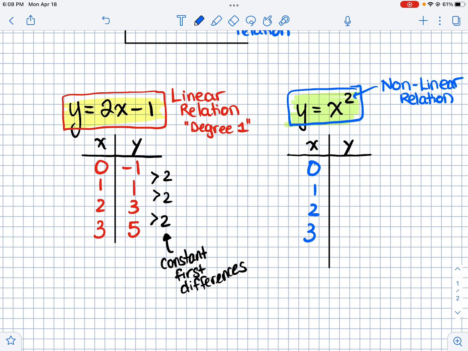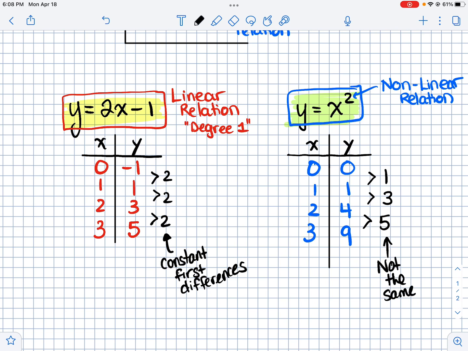If x is 0, y would also be 0. If x is 1, 1 squared would be 1. If x is 2, 2 squared would be 4. If x is 3, 3 squared would be 9. So if I check what these are going up by: 1, going up by 3, from 4 to 9 it goes up by 5. So these are not constant. These first differences are not the same, making it a nonlinear relation.